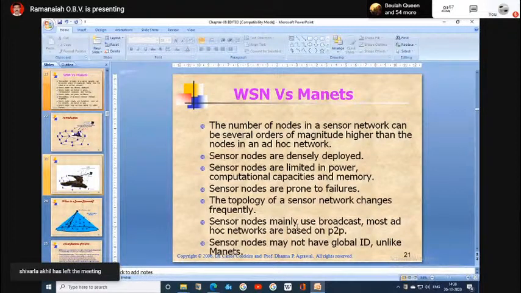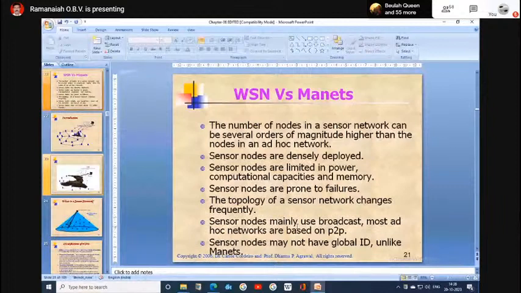So one node having sensed some important information sends it to some other node. How does it identify? It will use its local ID and say, I am sending the data to you. But that may not be unique globally. In some other subnetwork, the same ID may be used within the same WSN. In one subpart, one number is used, and the same number may be reused in another subpart as a local ID.